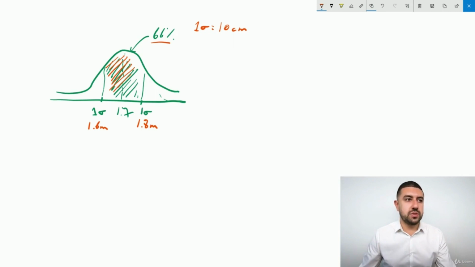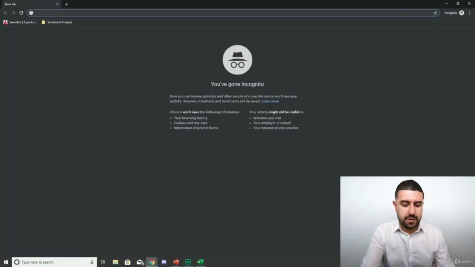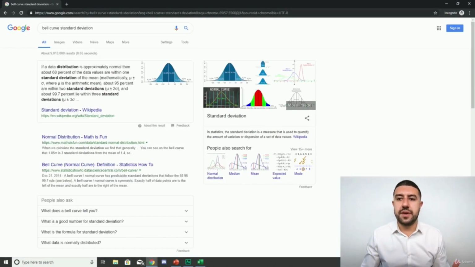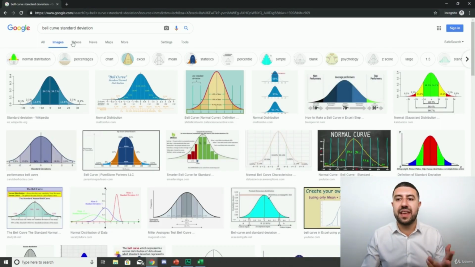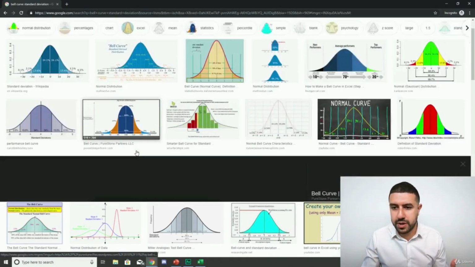And you can actually just Google it. I'll Google it real quick. Bell curve standard deviation. So there should be, between two standard deviations, 95% of the population, and then between three standard deviations, 99% of the population. So let me find a good one here.